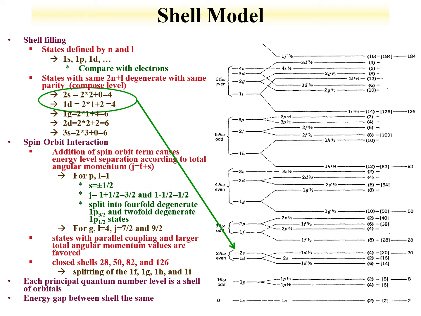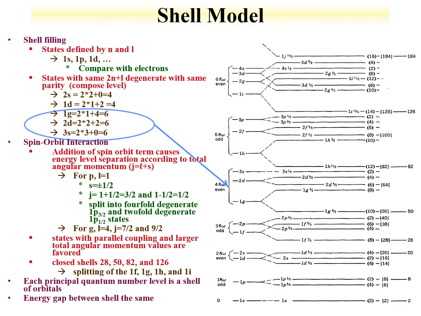For a 1d state, n is 1 and l is 2, where s, p, d is 0, 1, 2. So 2 times 1 plus 2 is equal to 4. Those two states are degenerate.